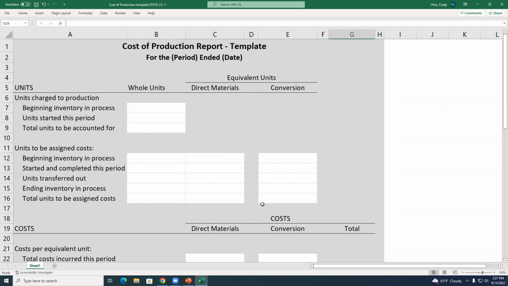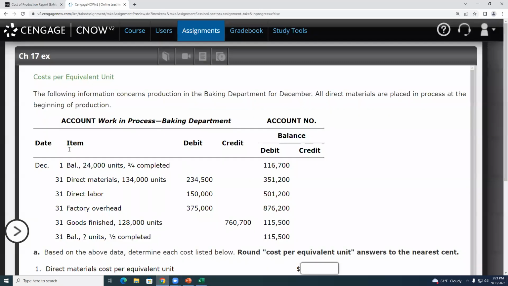So I'm going to explain where the information is coming from in that given table of information. In the table, it's labeled account work in process for the baking department. We're given beginning balance information. We're given information about what happened during the period. So we already know that in work in process, we add direct materials, direct labor, and overhead.